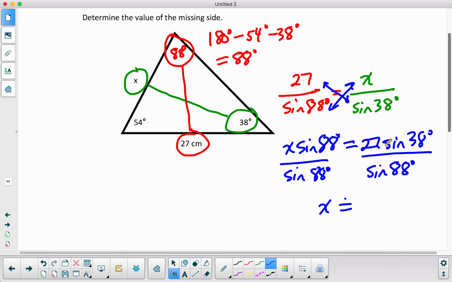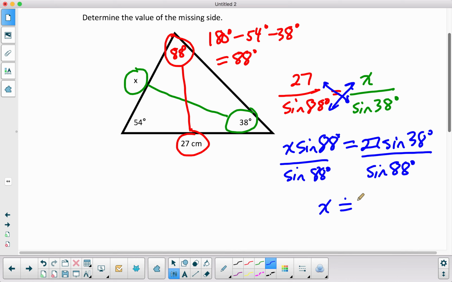Now in your calculator, you're going to punch in 27 times sine 38 degrees. Hit equals. That's important. So you do the top of the calculation, hit equals. Don't clear it, just leave that answer there in your calculator, and then hit divide by sine 88 degrees, and you'll get your answer.